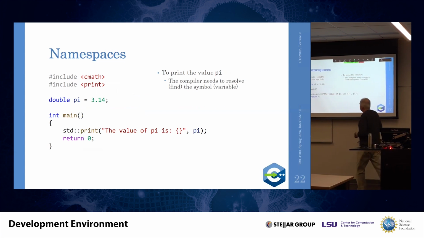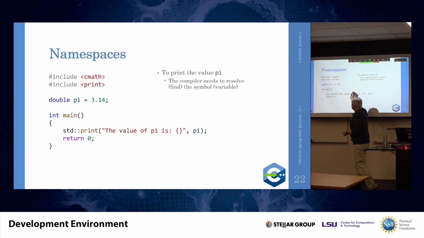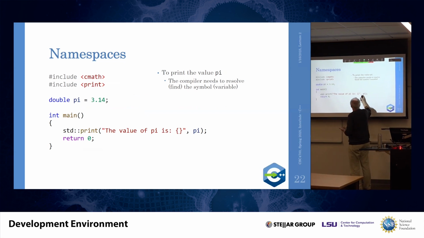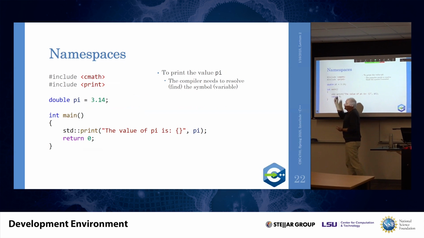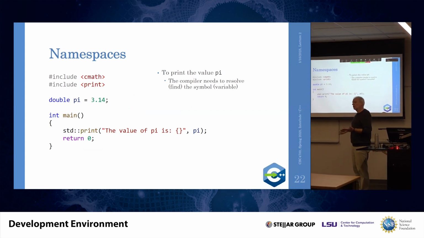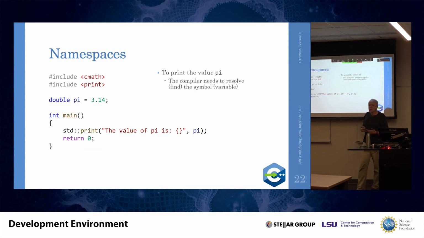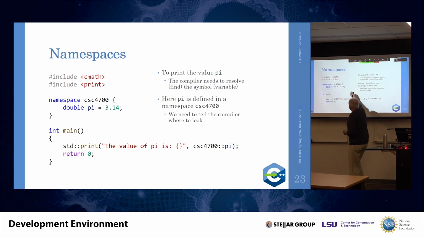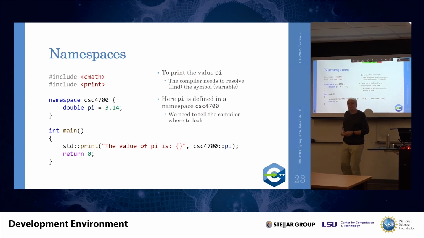Just as an example, very simple, I want to print the value pi. So the compiler needs to resolve that symbol, right? I refer to pi. In this case, it's a global variable, so the compiler will be able to see it, because the global namespace is visible from everywhere. So now I move my variable pi into my own namespace.